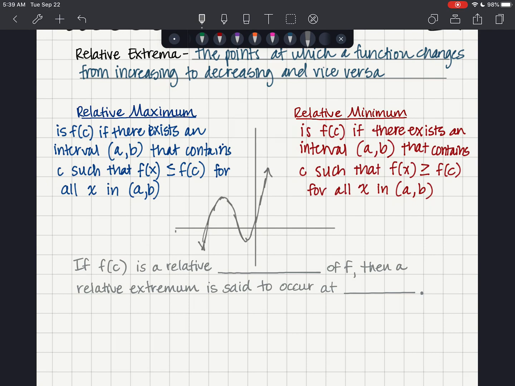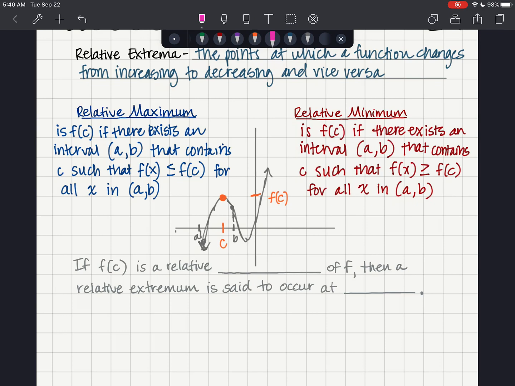Okay. Now, both of these happen to be on the negative side of the y-axis, but that doesn't matter. So here I'm going to call that x value c, and this output is obviously f of c, right? And this input of c gives me an output of f of c that happens to be a relative maximum, and it just happens to be between A and, we'll say, B. It doesn't matter where A and B are, but here's A and B.